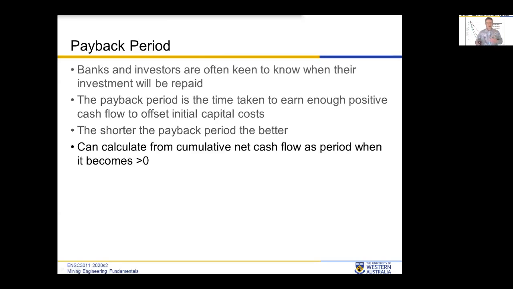So the shorter the payback period, the better, but it's not a fixed thing, and banks will be prepared to lend you a payback period 10, 20 years if they've got confidence in you. And as I mentioned, it's easy to determine. You do a cumulative net cash flow, and when that becomes positive, that's when you're able, in theory, to pay back your loan from the bank.